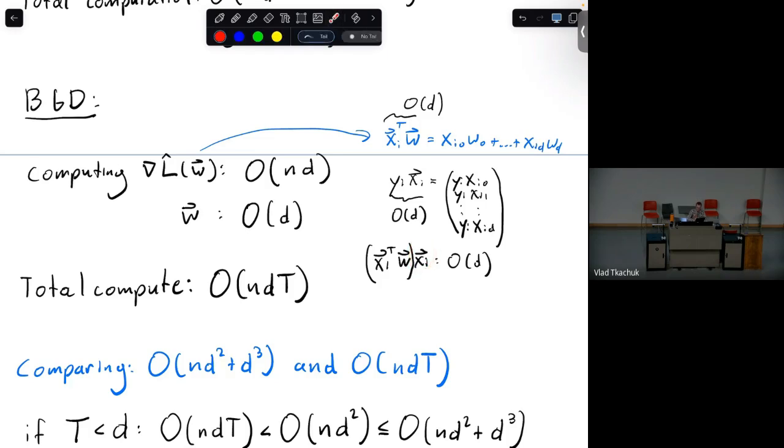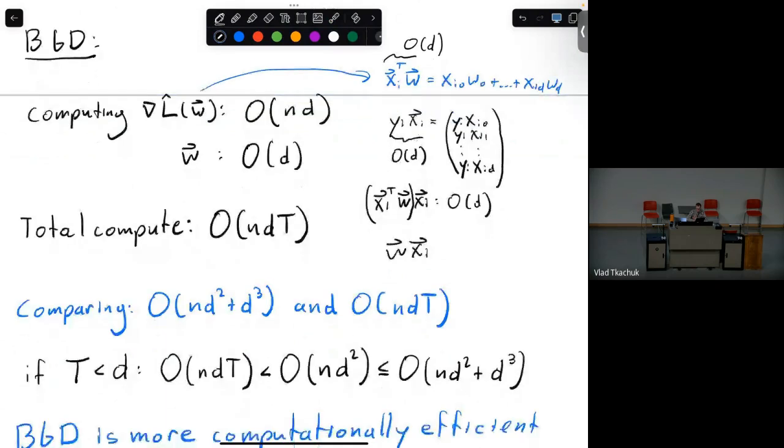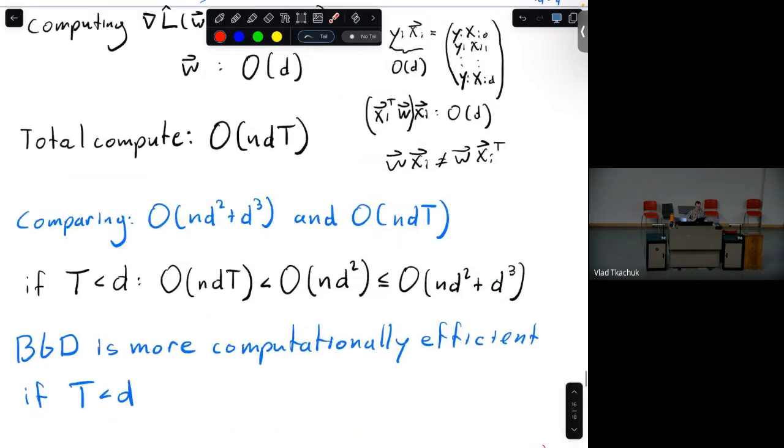Notice that w times xi is not equal to w times xi transpose, which would be an outer product. Otherwise, it's just two vectors, which has no definition. Is it element-wise? It's not even defined here. So this is how you interpret this.